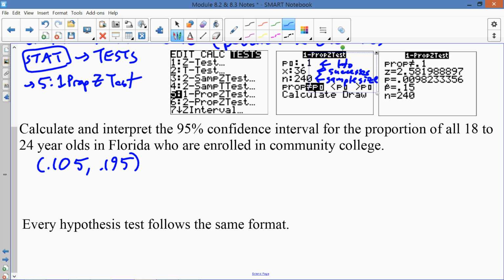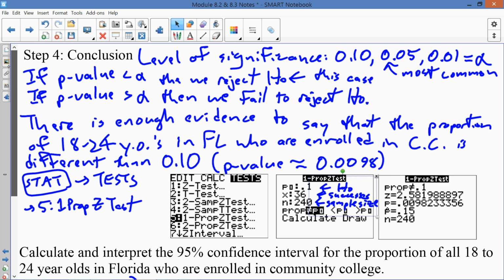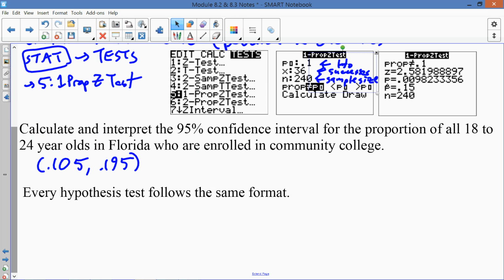All right, so that's the bulk of it. Let me move this up real quick, because every hypothesis test follows those steps, step 1, 2, 3, 4. But I do want to mention one other thing, and that's that, remember that 1 and 2 are our possible reasons for the difference between our sample data and our potential population proportion. We could have made the wrong conclusion, okay?